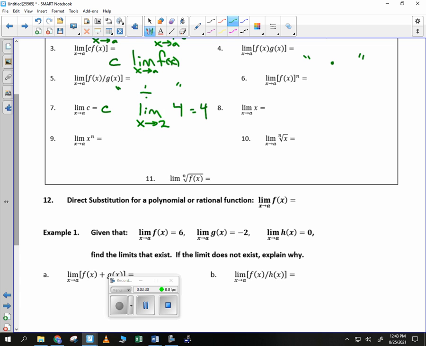What does the graph of x look like? Y equals x. What does that look like? Yep, a line with a slope of 1, right? Whatever the x value is, the y value is as well. So you would just then plug in a and you would come up with that value. And for general polynomials, there's this really nice thing where you could just substitute in.